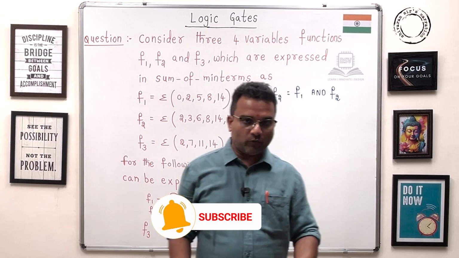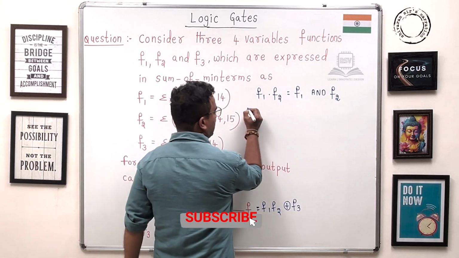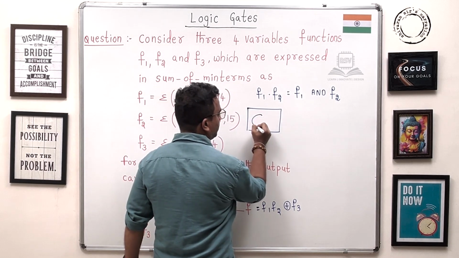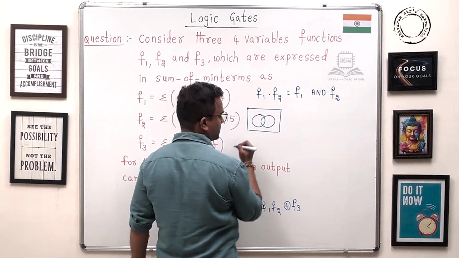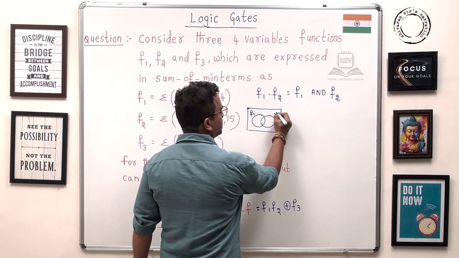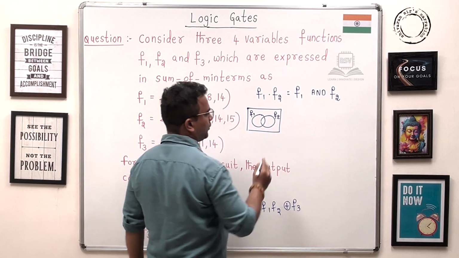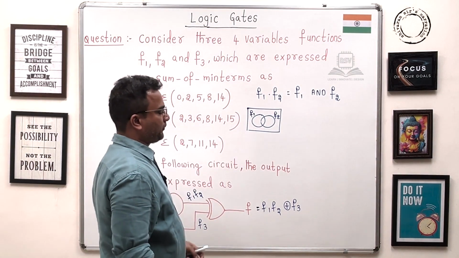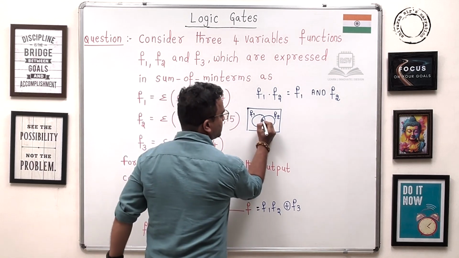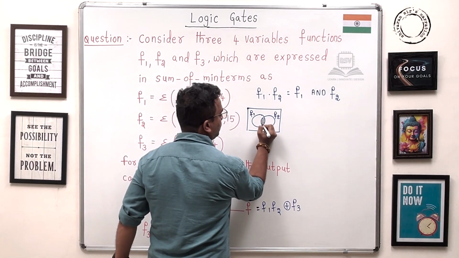Remember. Now, if you take the Venn diagrams concept, then obviously, if there are 2 variables, let's assume this is f1, this is f2, and you want to know f1 and f2, what portion do we need to consider? This one, the common portion only.